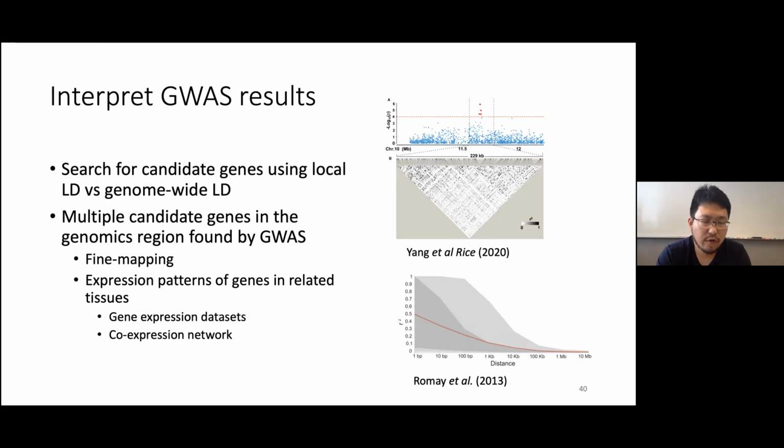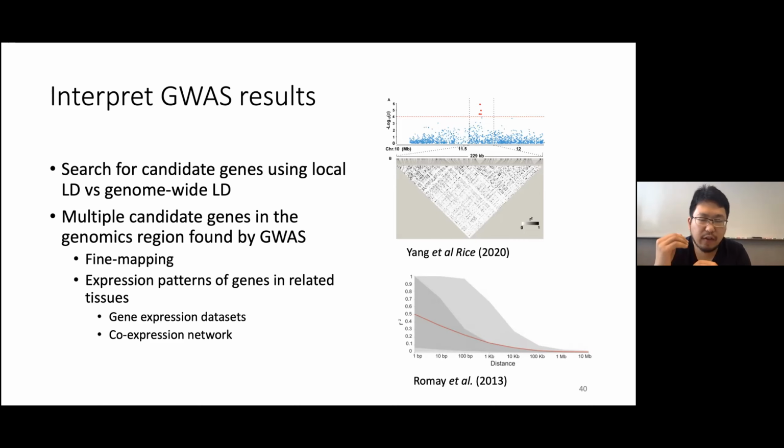And once you're in this step, there are multiple ways to go. You can do fine mapping with some of the parents to make experimental crosses, but that's kind of time consuming. And also you can look for evidence from other layers.